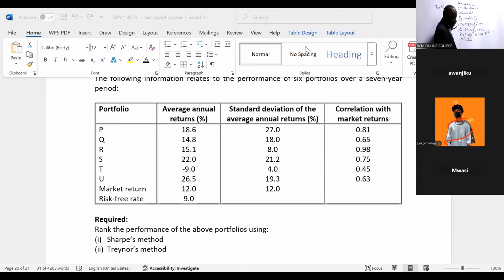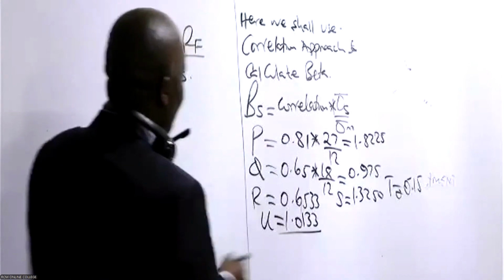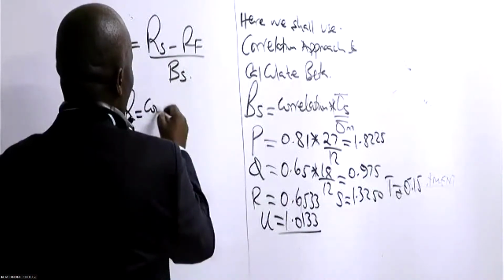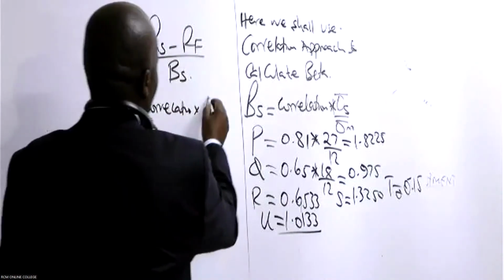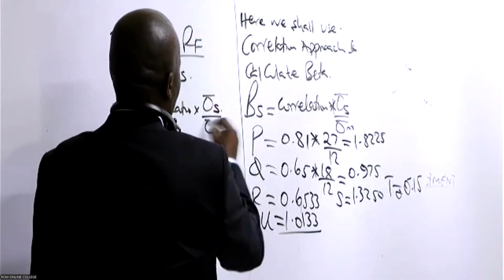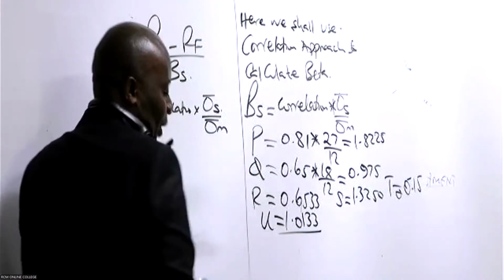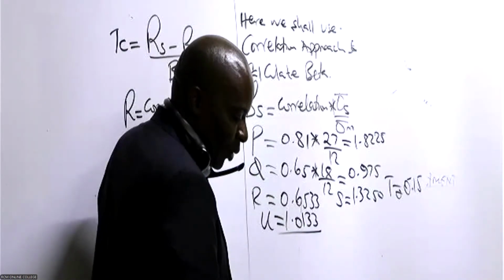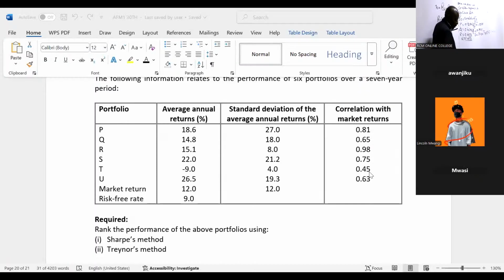Of course, there's a theory down there. So Maslin got R of negative, let's see how. Remember, it is correlation times standard deviation of S over standard deviation of the market. So for R, are you able to see the correlation for R? Please help me out. For R, the correlation is 0.98.